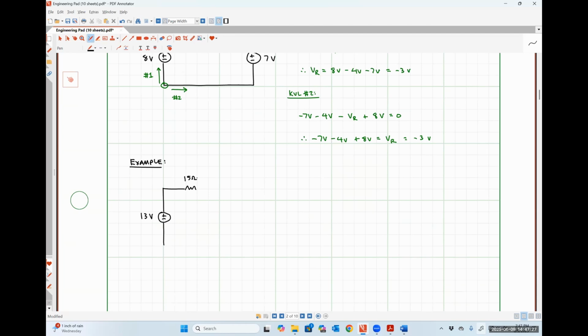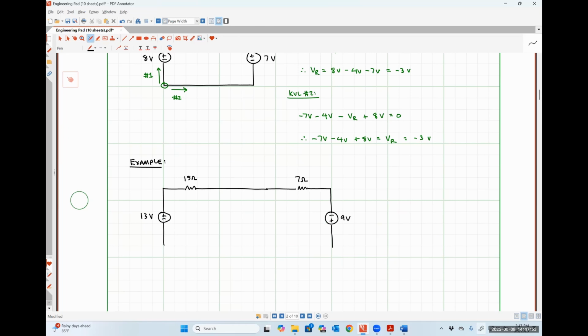We've got a 15 ohm resistor, a 7 ohm resistor, this is a 9-volt source.